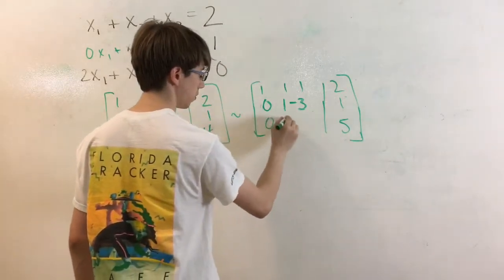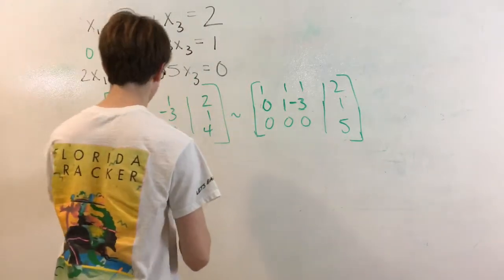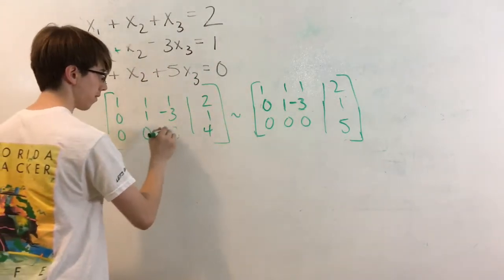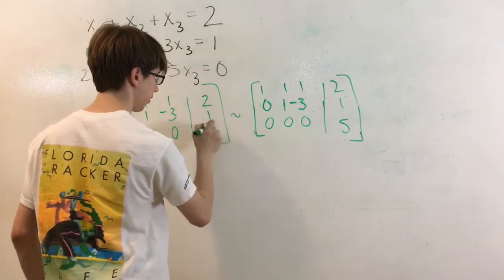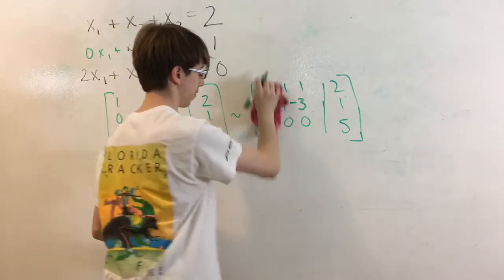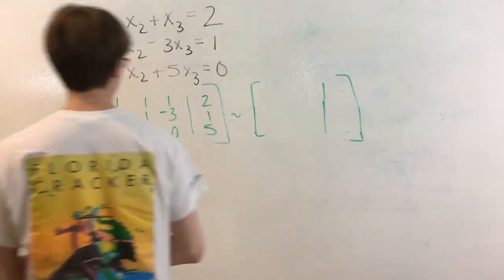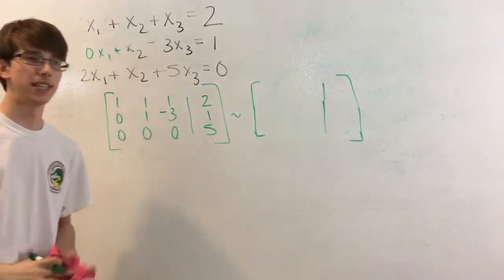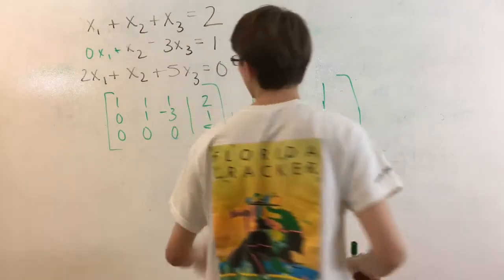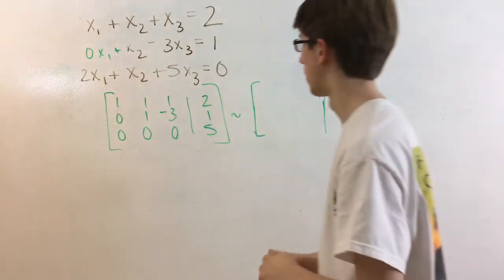So we end up with 0, 0, and 0, right? Let's see if that's true. If it in fact is possible, if it in fact will give us a solution. You doubt me.